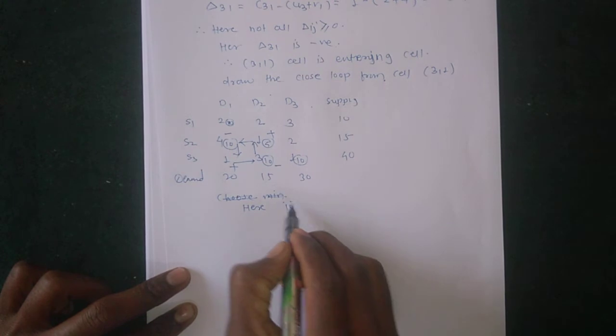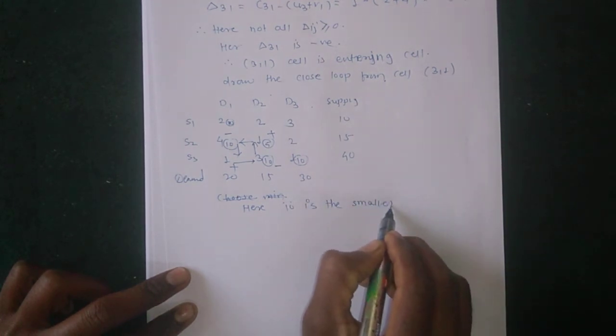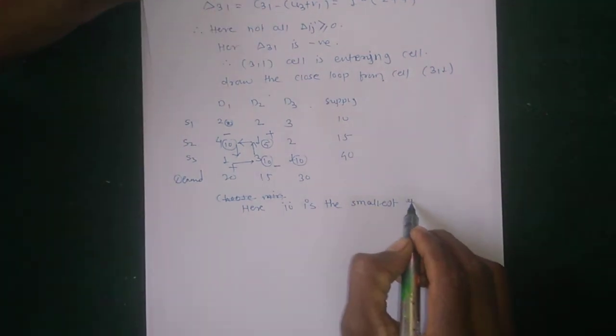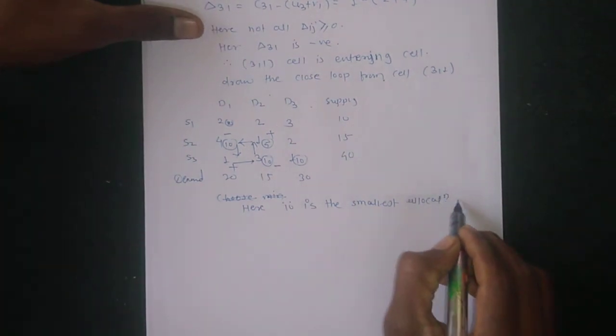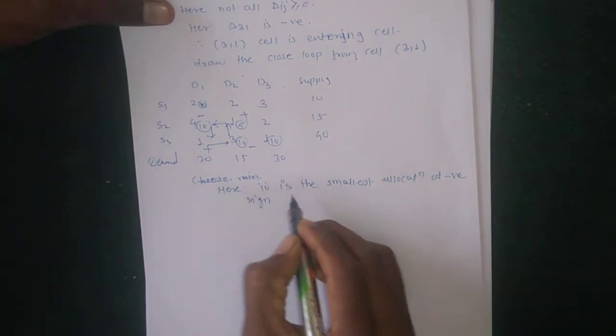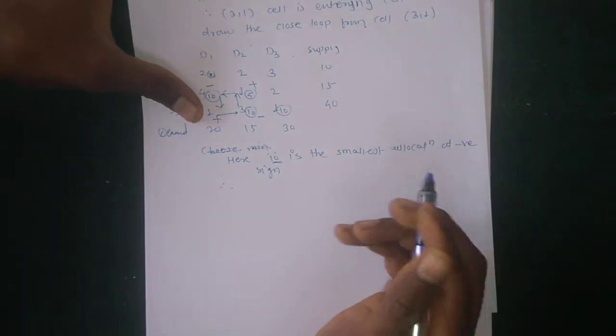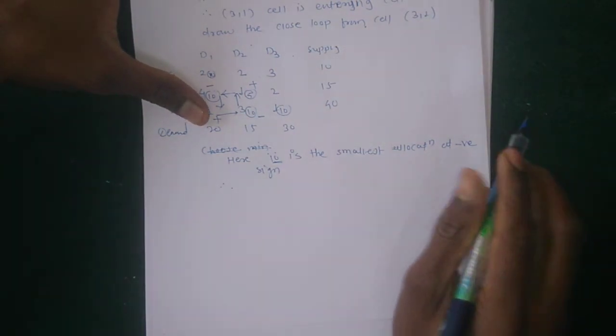Here 10 is the smallest allocation at negative sign.